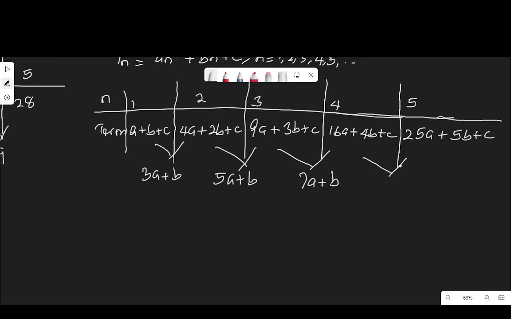And here 25a minus 16a is 9a, 5b minus 4b is 1b. So that is the first order differences.